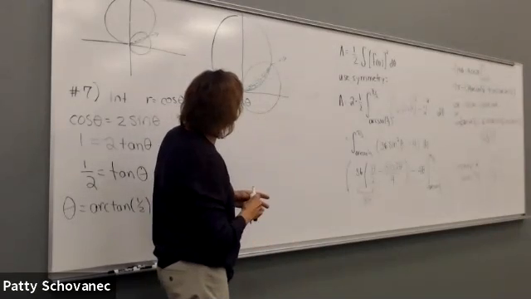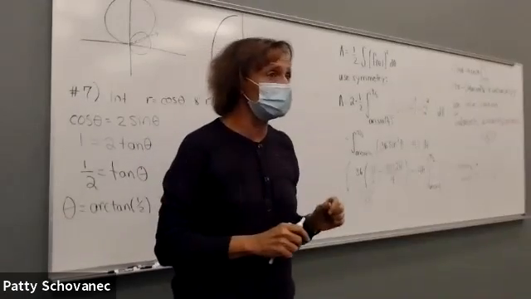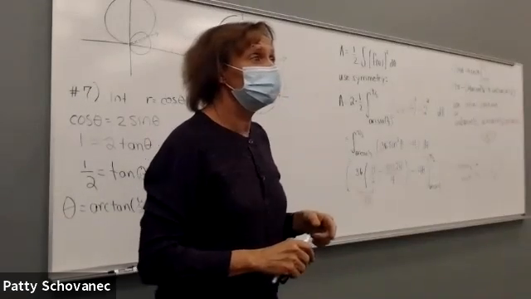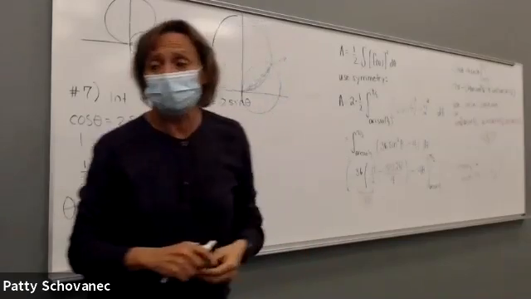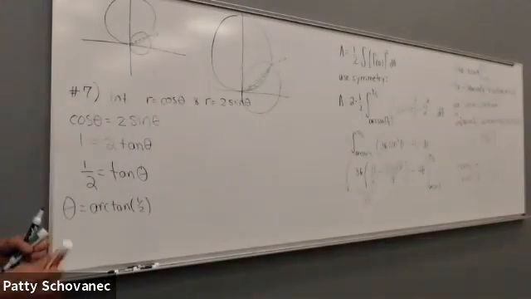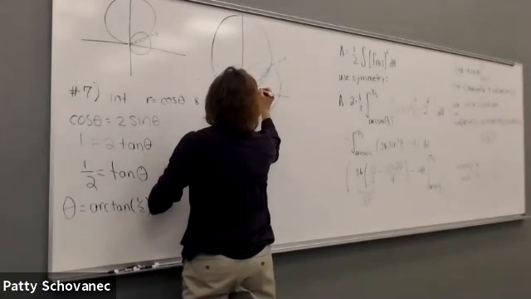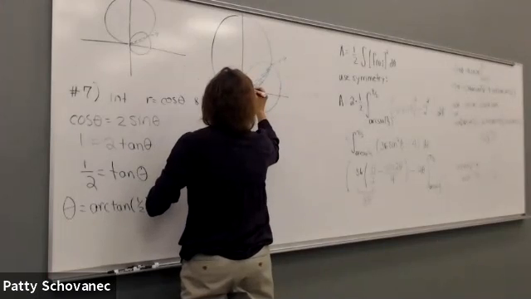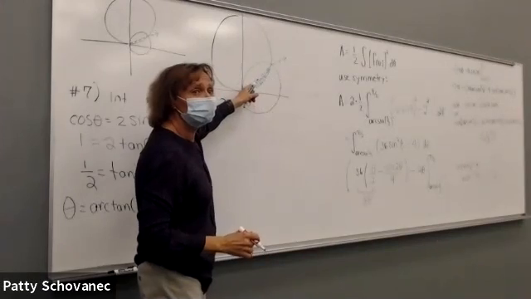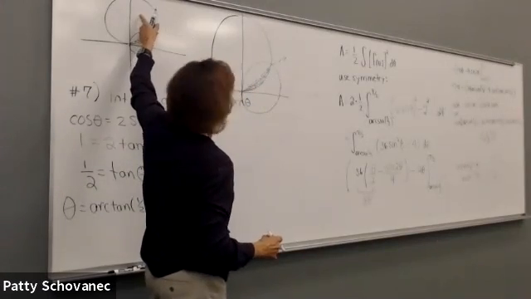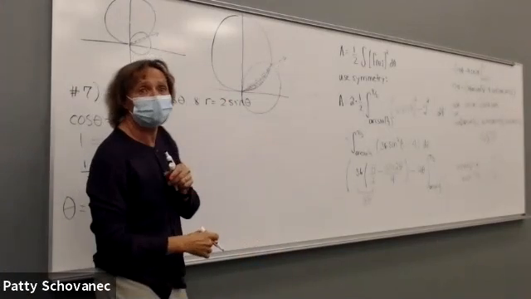In that region, the rays that are used to partition this sector don't hit the cosine curve. Every single ray I draw from the origin is going to hit the sine curve. Every single one of my partitioning rays. So I find that area with a sine curve from 0 to the arctangent of 1/2.